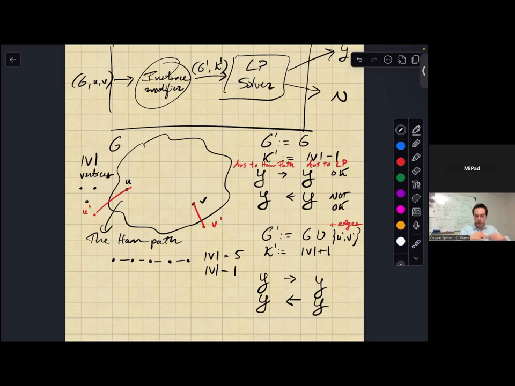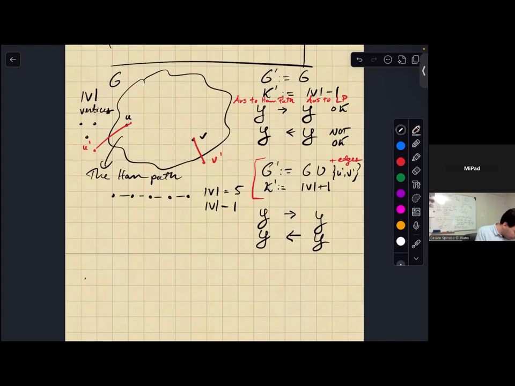Okay, and that shows, or hopefully convinces you, that this instance modification was the right one. And this shows that LP is NP hard.